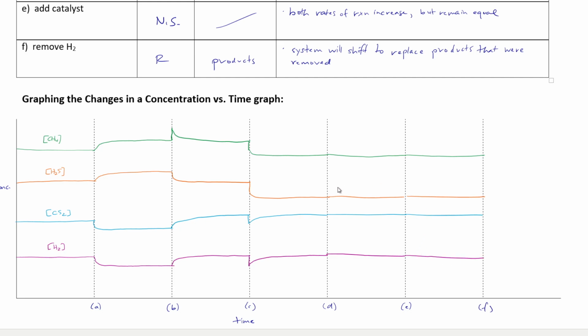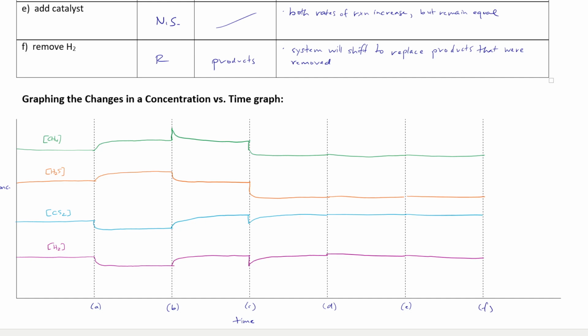Once we get to F, we see that the system shifts to the right to favor the products. If the system is shifting right in F to favor the products to restore the H that was removed, then that means that the reactants will decrease in concentration.